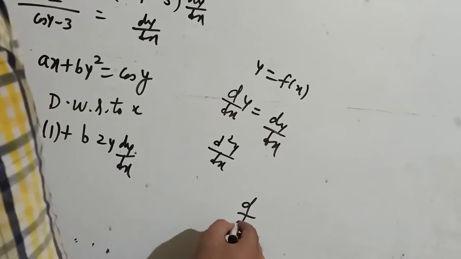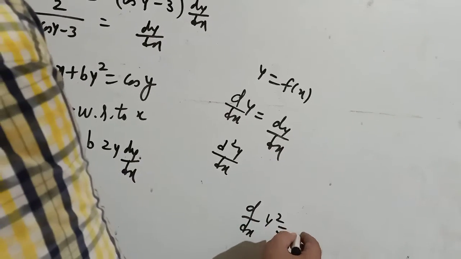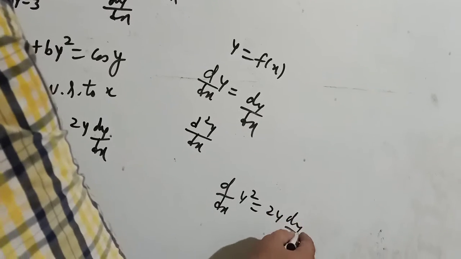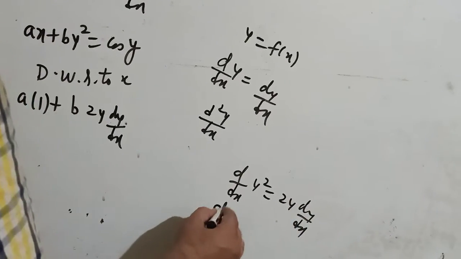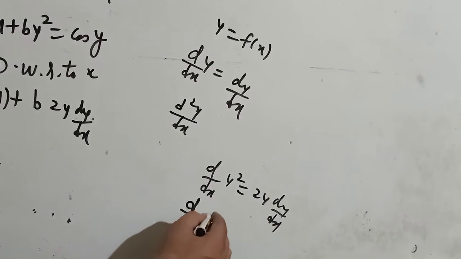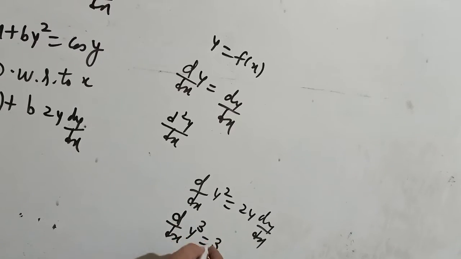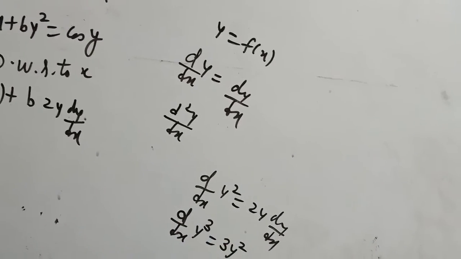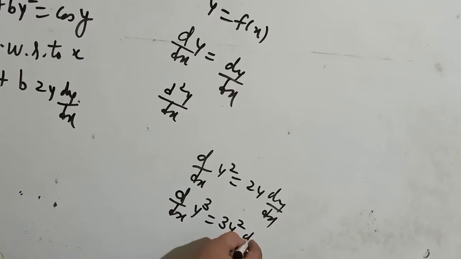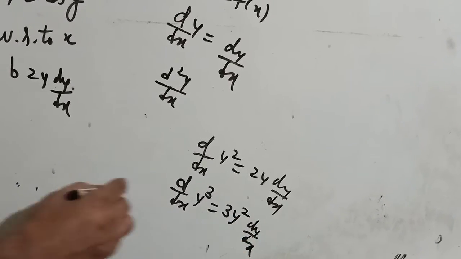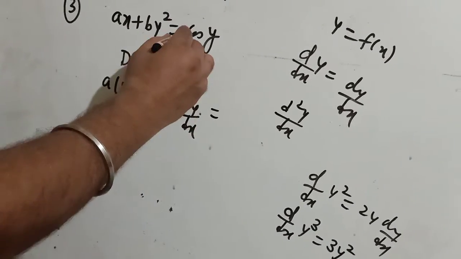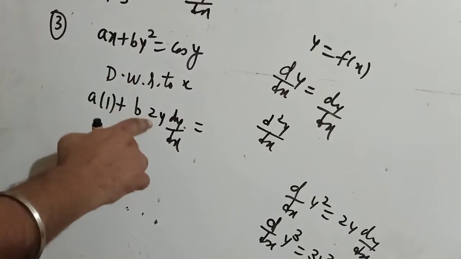Remember that differentiation of y square is 2y dy by dx. Differentiation of y cube with respect to x: first of all, differentiation of power 3 y square, power forward, power minus 1. Then differentiation of y is dy by dx. So here differentiation of y square is 2y dy by dx.